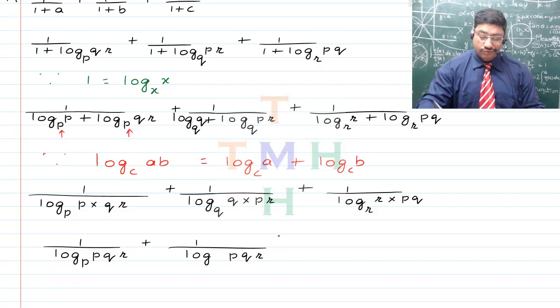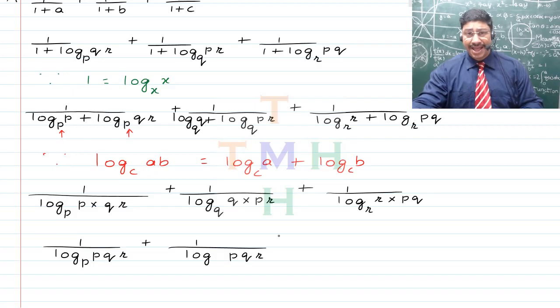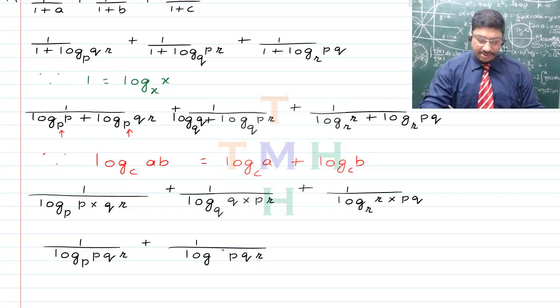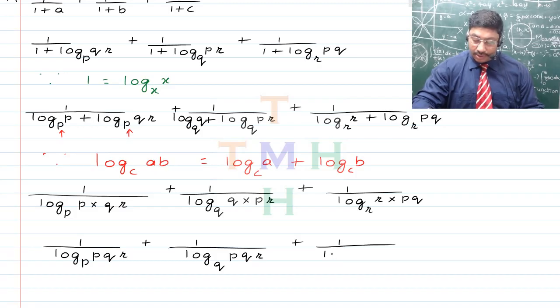That is because if you change the order of the numbers multiplied, it doesn't matter, because multiplication of numbers is commutative, that is, the order is unimportant, remember this. Now for the third term we have 1 upon log of, again, pqr, which is to the base r.